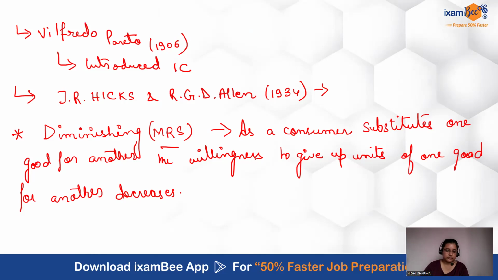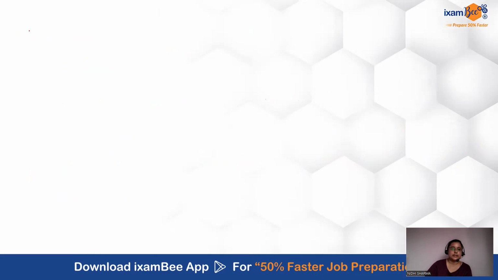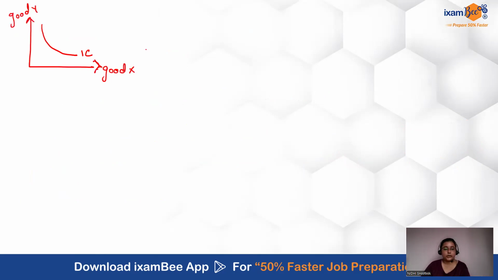IC, indifference curve. Now, indifference curve is one such curve, drawn like this, downward sloping. This is an IC. Here, let's say you have good X, and here you have good Y. You're consuming two commodities and you're getting this indifference curve, which is IC.